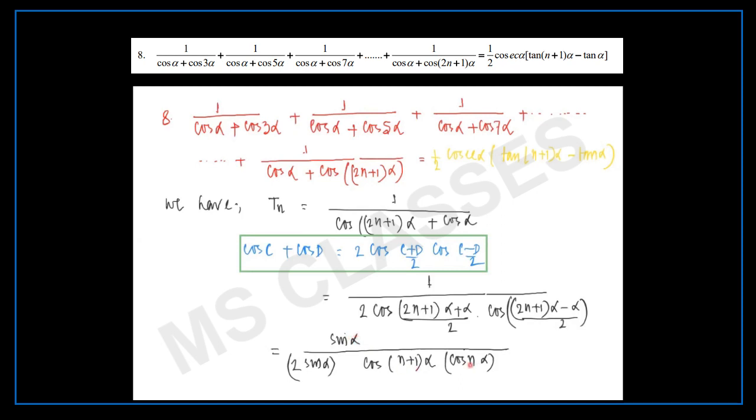How? See. We can write sine alpha in the numerator as sine ((n plus 1) alpha minus n alpha). Now this means sine alpha only, since n alpha cancels out. Now we have 2 sine alpha in the denominator, and with this into cos n alpha.